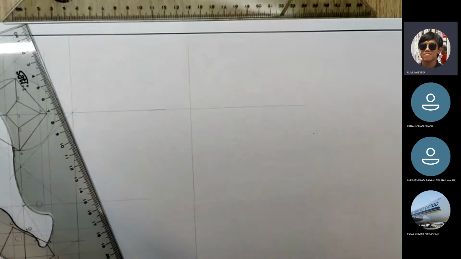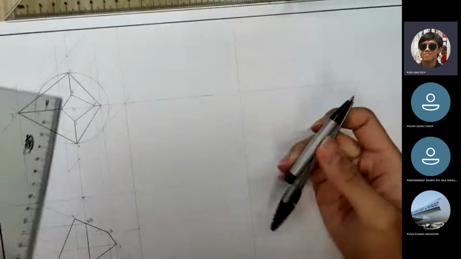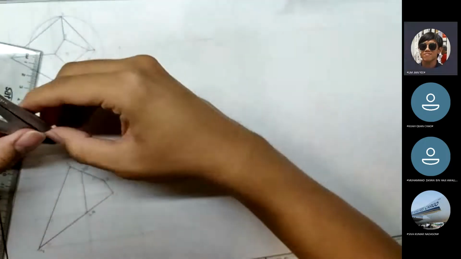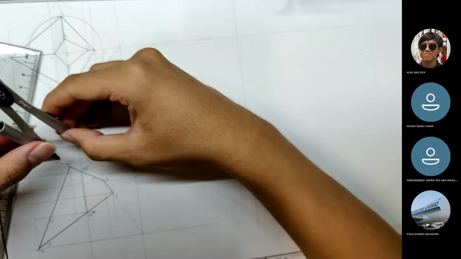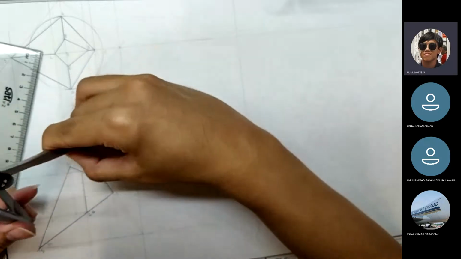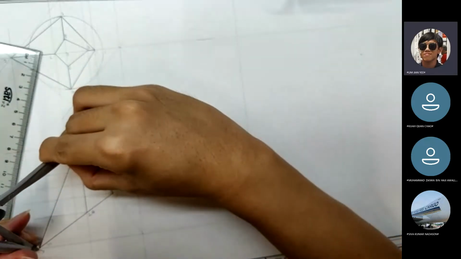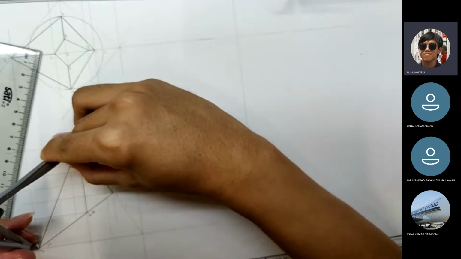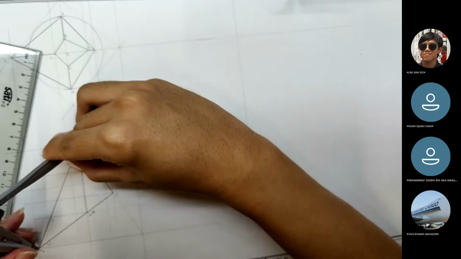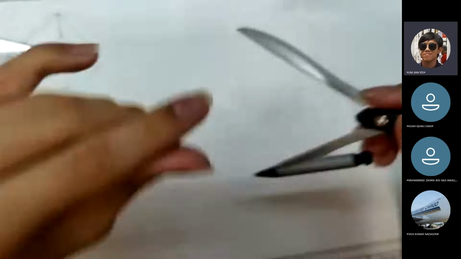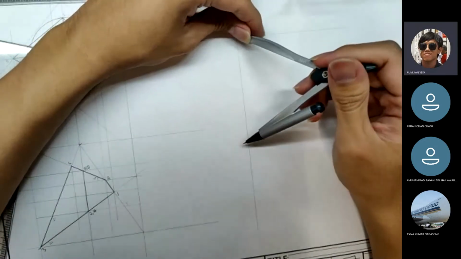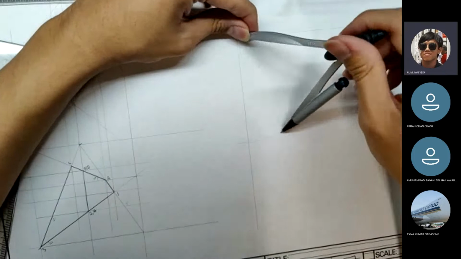So right now, I'm going to take the compass and measure the distance from the apex of the pyramid to the bottom. Three. And from this point I marked out, I will project it up all the way.